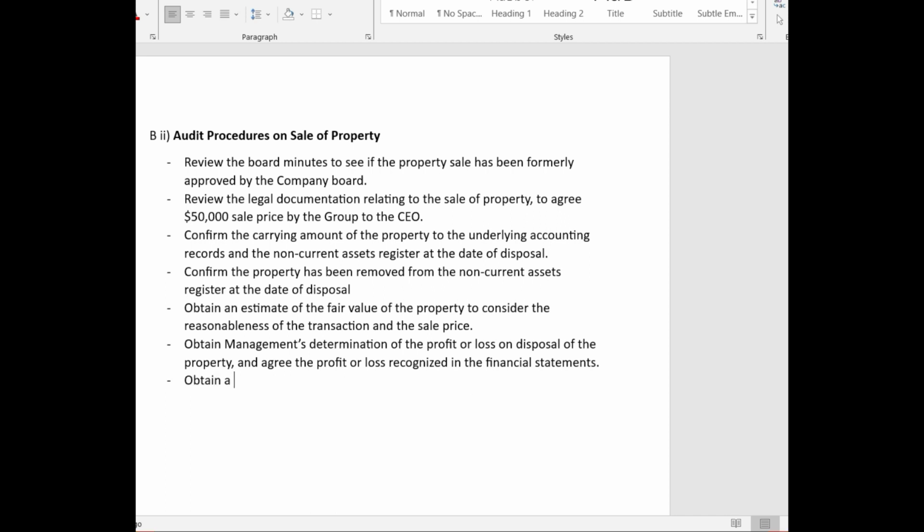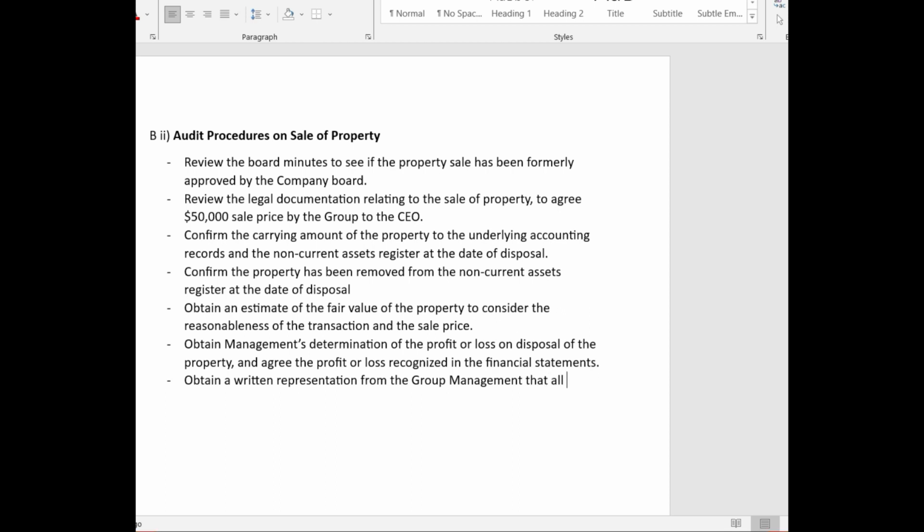Obtain a written representation from the management, or rather from the group management, right? For what thing?